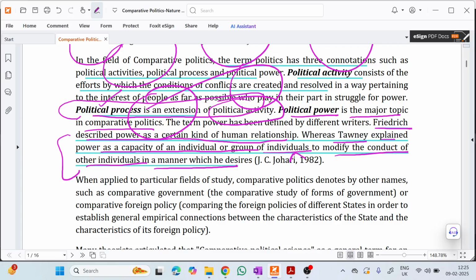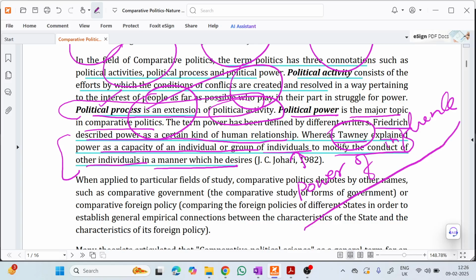So in short, in simple words, the definition of Tony means political power is the power of influence. It is the power which can influence decisions on all levels, not only at individual level but collective level, such as regional level, national level, international level.